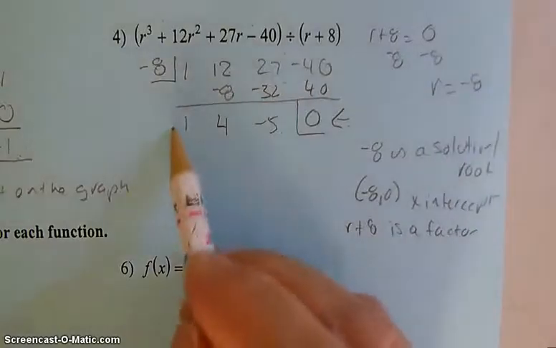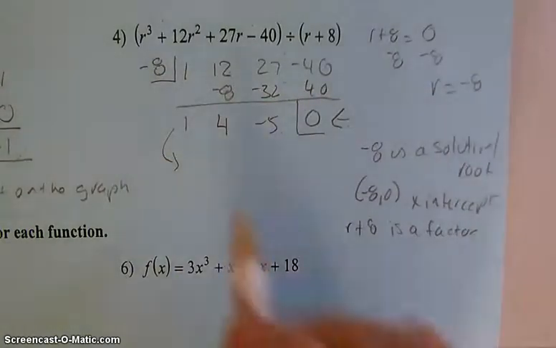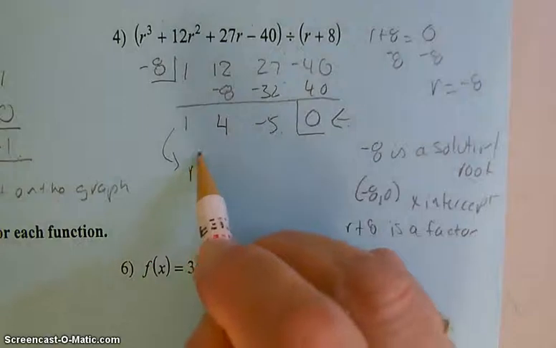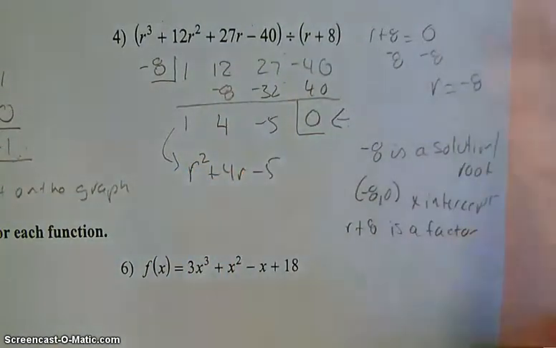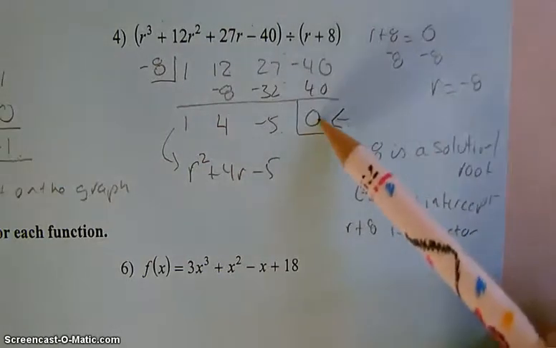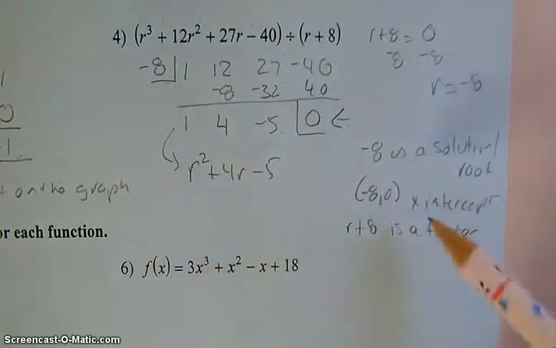And then it tells me that my depressed polynomial, remember that, is r squared plus 4r minus 5. But basically all you need to know is that when I have a 0 remainder, this would be a solution, it's an x-intercept, and then this is a factor.